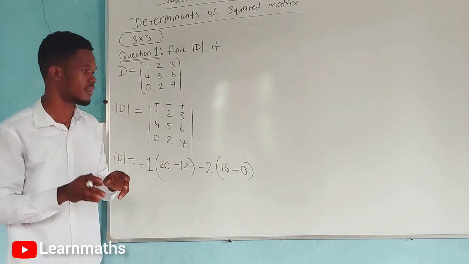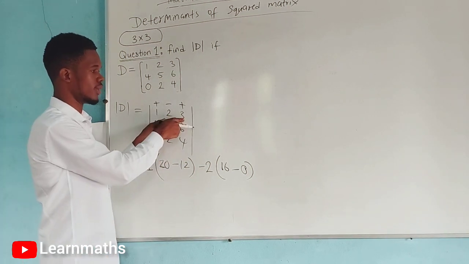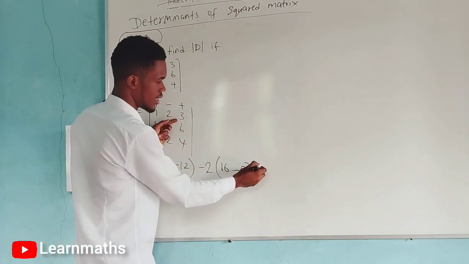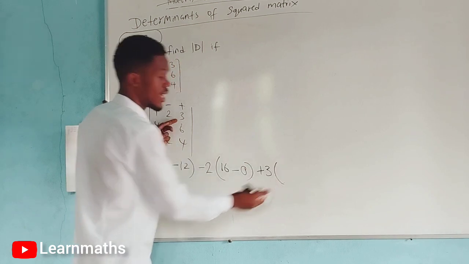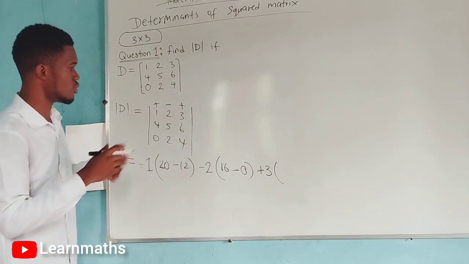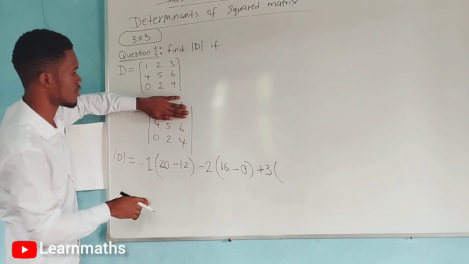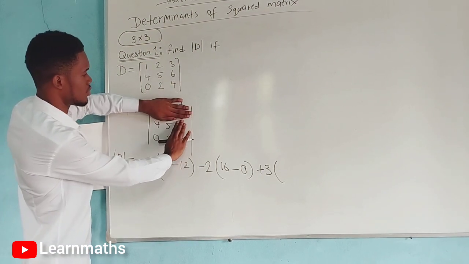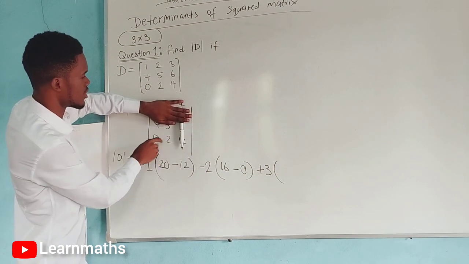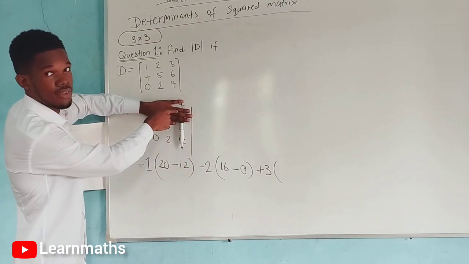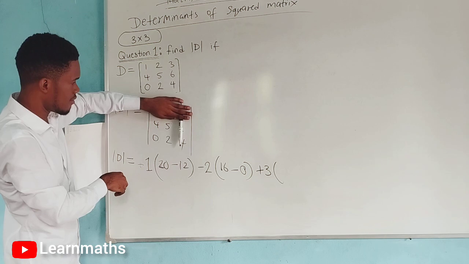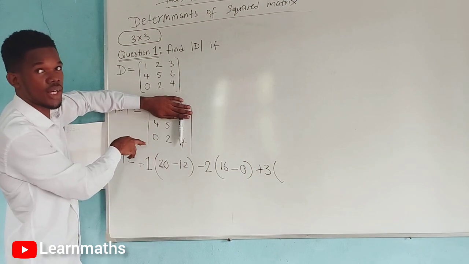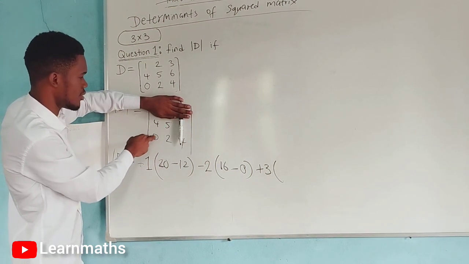Then finally, we're going to look at this third number, positive 3, right? This positive 3 is located at row 1, column 3. That's the first row and the last column. So if I cover the first row and the last column, where the 3 is located, I'm going to have a smaller 2 by 2 matrix, that is 4, 5, 0, 2.